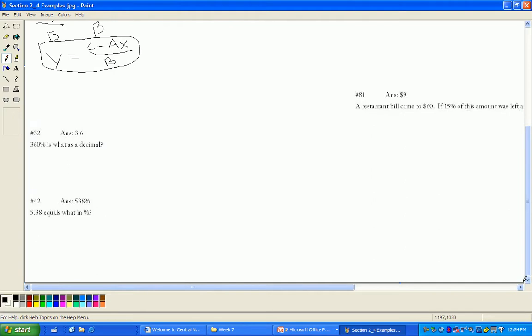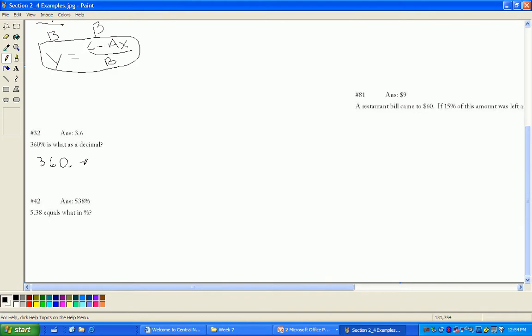We got two more. Number 32, they want us to write 360% as a decimal. So remember the rule for writing percents as decimals? We start off by just putting our percent down here. And we know that the decimal originally on a percent is right there.